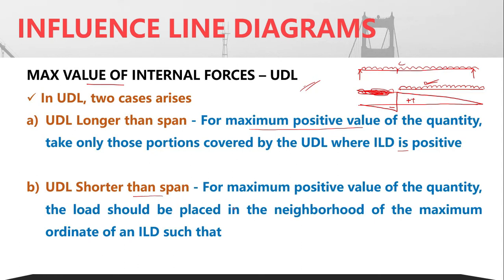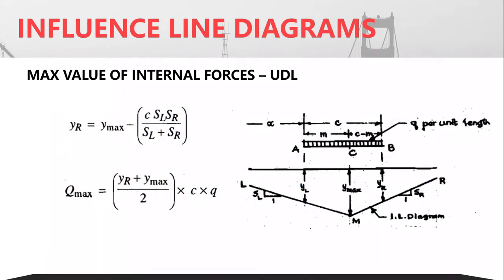In that case, for finding the maximum positive value, the corresponding load should be placed in the neighborhood of the maximum ordinate, such that these corresponding equations get satisfied. So if I have a UDL that is shorter than span, as shown in the figure here, and I have a beam here, and this is the corresponding ILD of this beam.